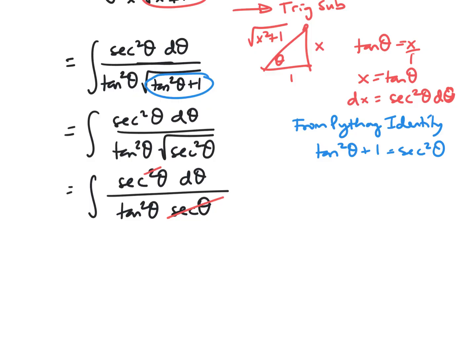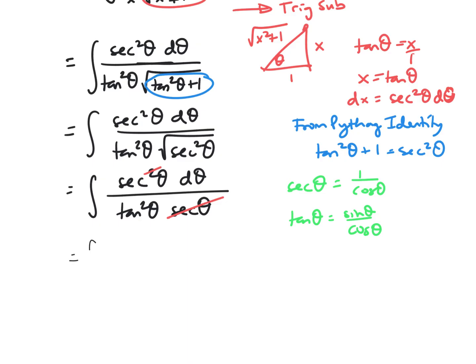On the other hand, if I want to simplify, something I can do is to just turn things into sines and cosines and see what cancels and what doesn't. So here we're going to use the fact that secant theta is 1 over cosine and tan theta is sine over cosine.